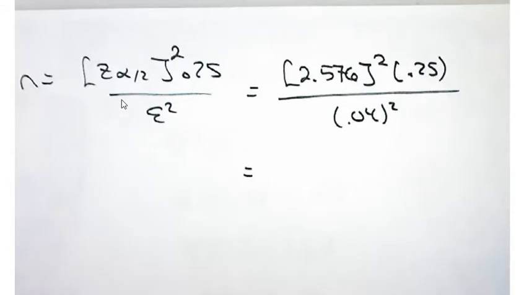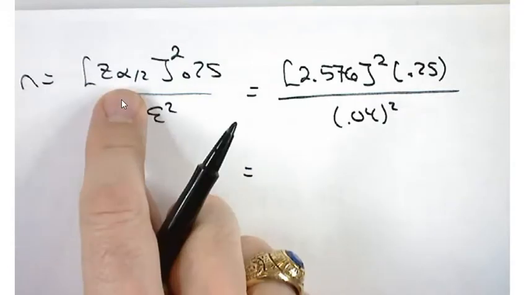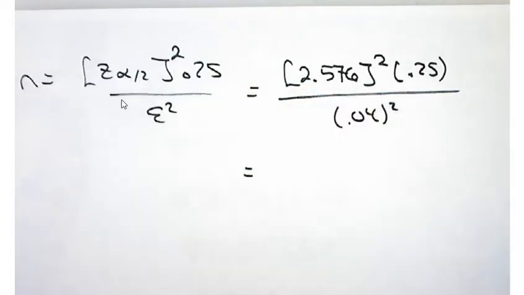See if you can figure that out. What are you getting for this? Now we're using the same z sub alpha over 2 that we had for the last problem. We're still assuming we're trying to find this number with 99% confidence.